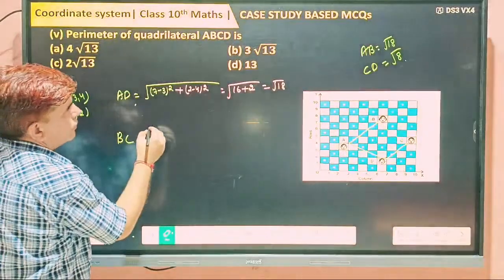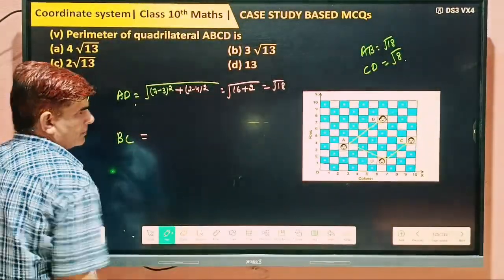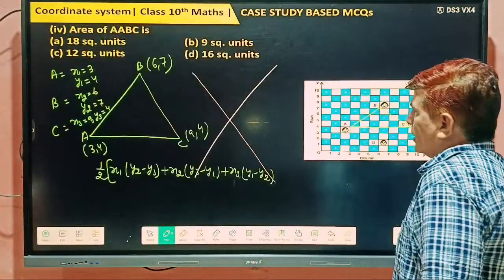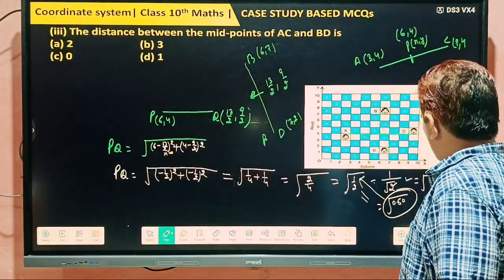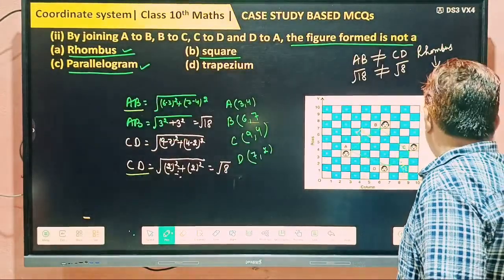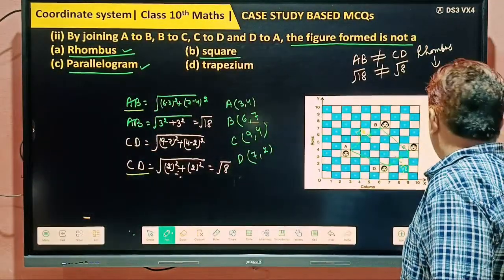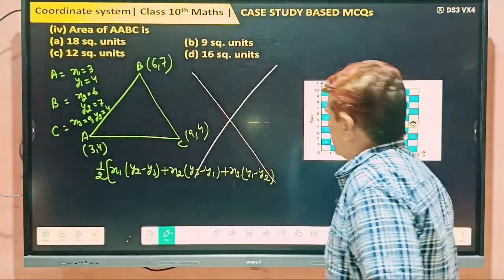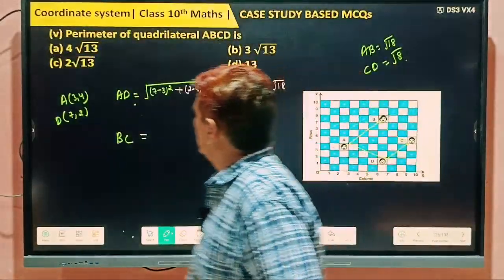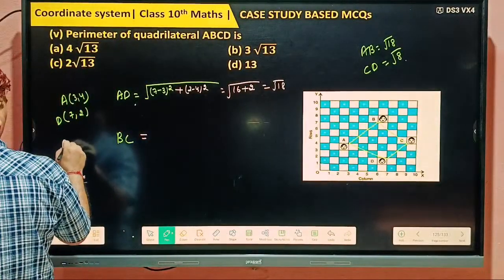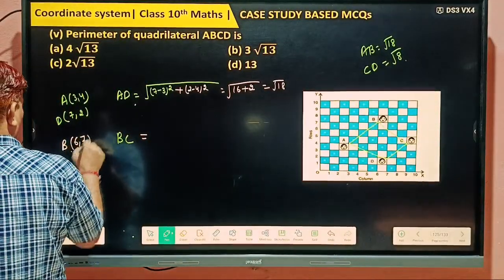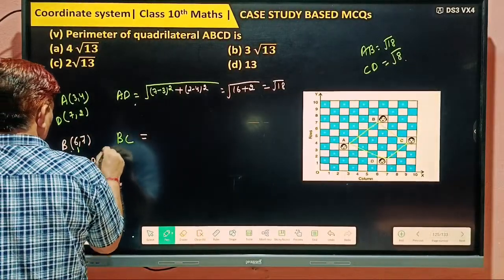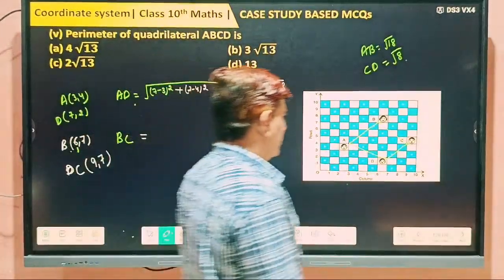Now I will find out what? BC. So what are the coordinates of B? From the previous I can take. B coordinates are 6 and 7, and C 9, 4. Coordinates of B are 6, 7. Coordinates of C 9, 7 I think. 100% not.